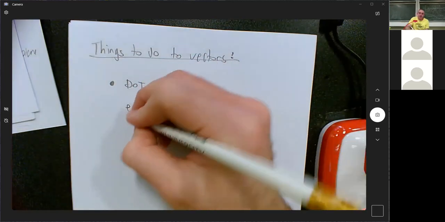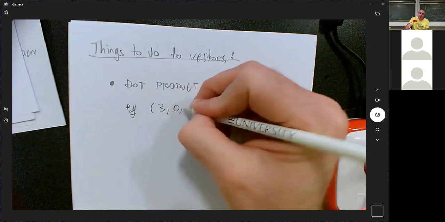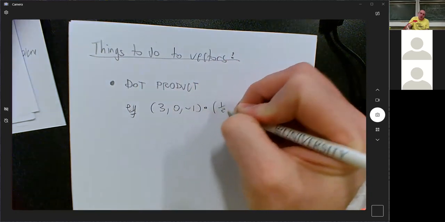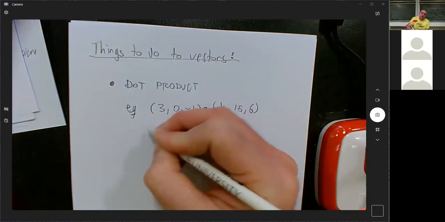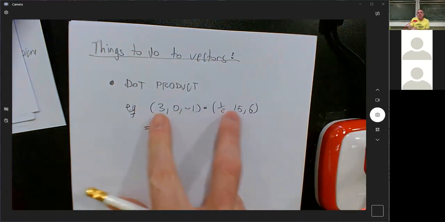So, for example, (3, 0, -1) dot (1/2, 15, 6). Well, you multiply the matching bits and you add them up.